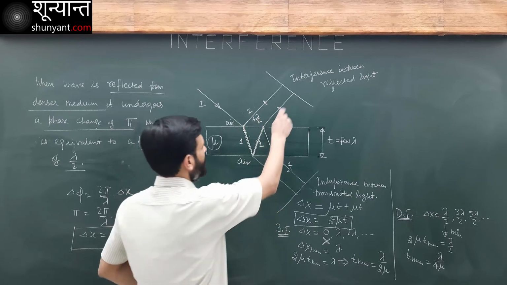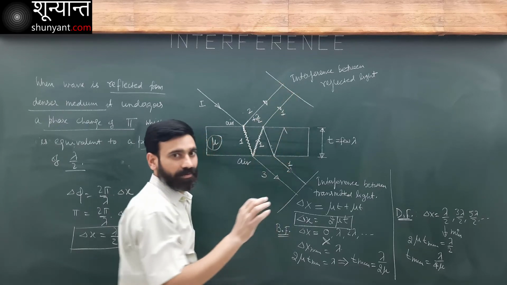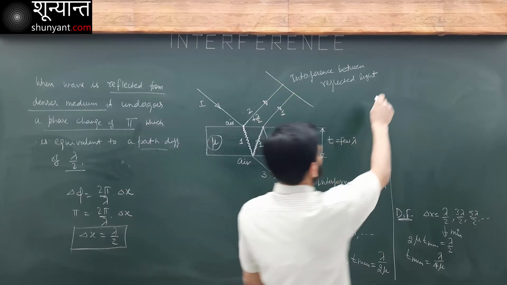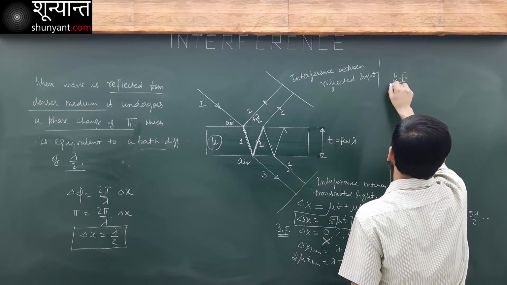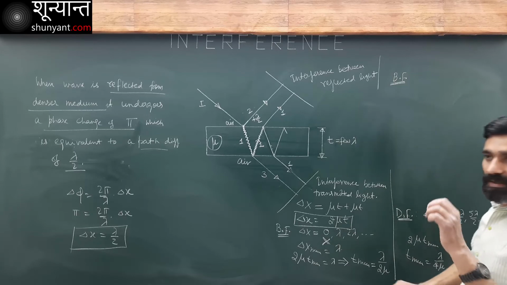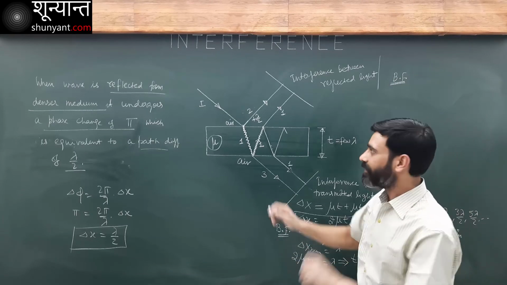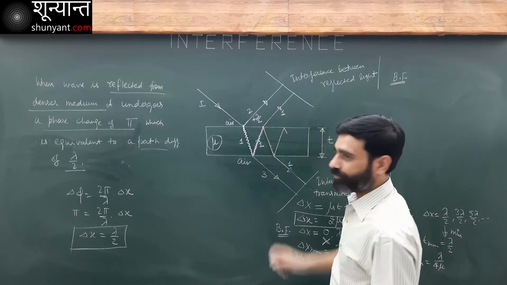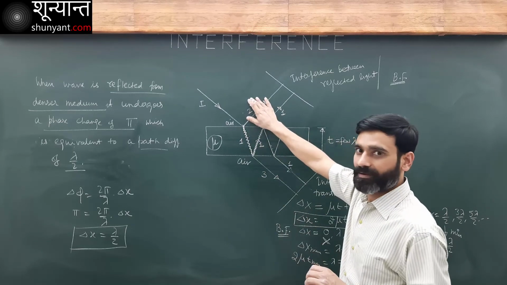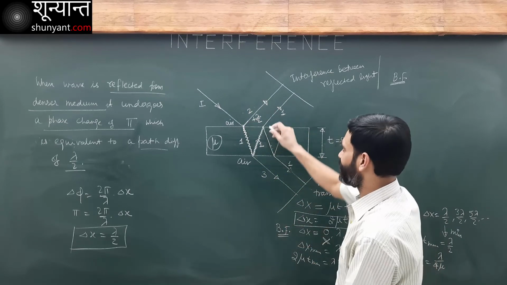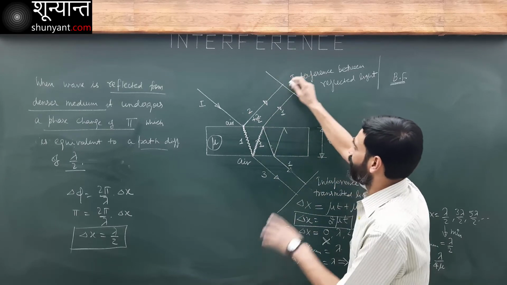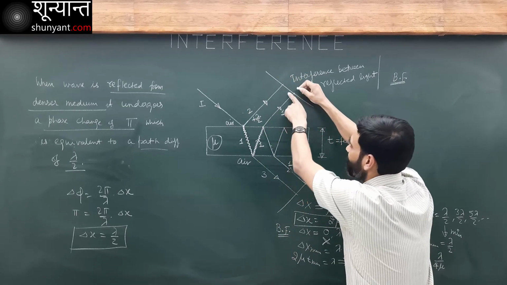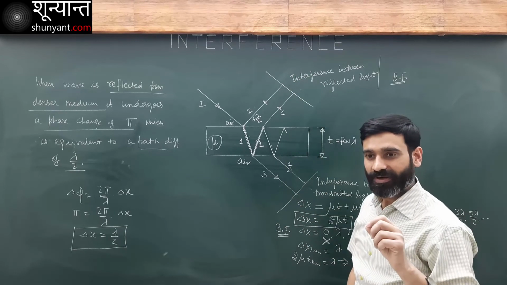Now, what additional phase difference is needed for a bright fringe? There is already a phase difference of lambda by 2 present here. What additional is needed such that for constructive interference, what should the path difference be?